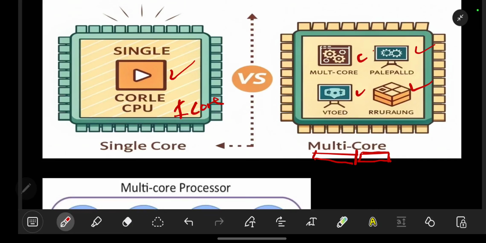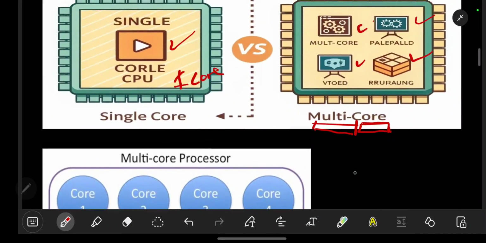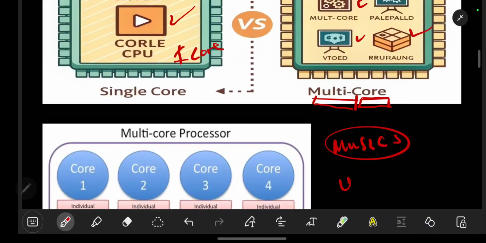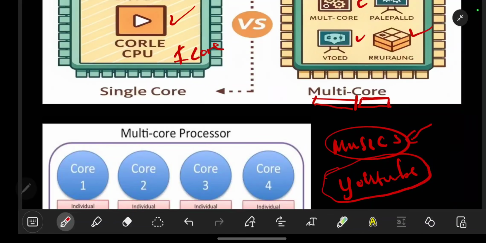Now how it works is that a single core, let's say, if it's playing music, it will be playing music. After playing music, it will go to, let's say, you're watching YouTube. It will instruct YouTube to start working after doing music. Now this is done at a very fast rate.